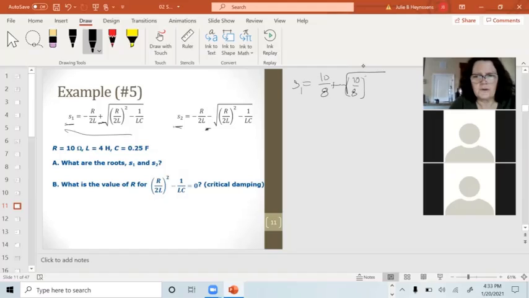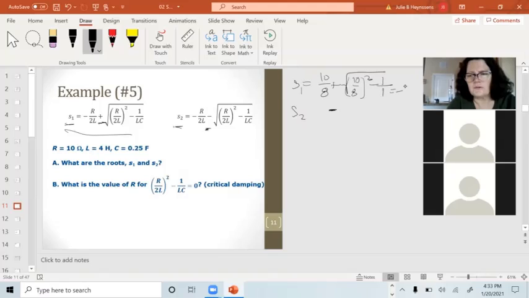I need to square that and subtract out 1 over LC. 4 henries times a quarter of a farad is 1. And for S2, same equation, I would just change this to a minus sign. So I go through, I plug the numbers in, and I calculate it. S1 comes out to be negative 0.5.